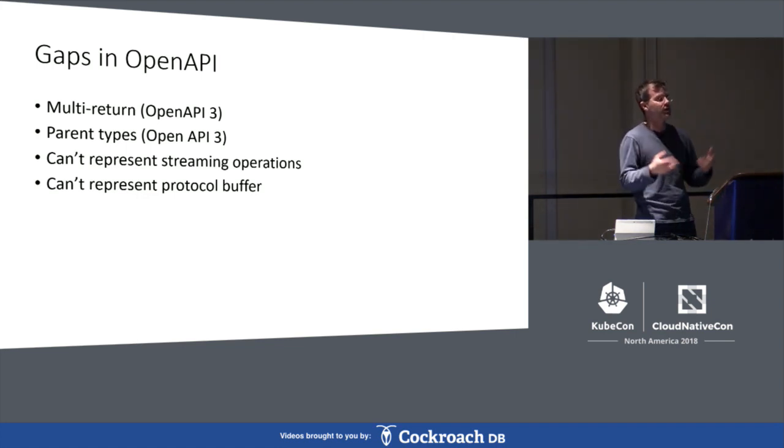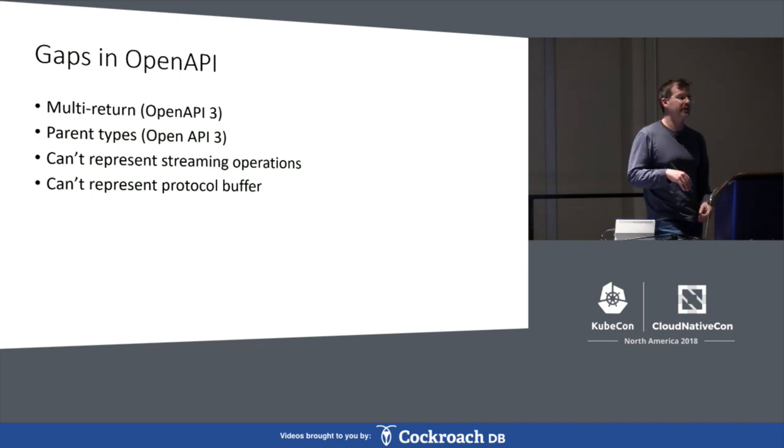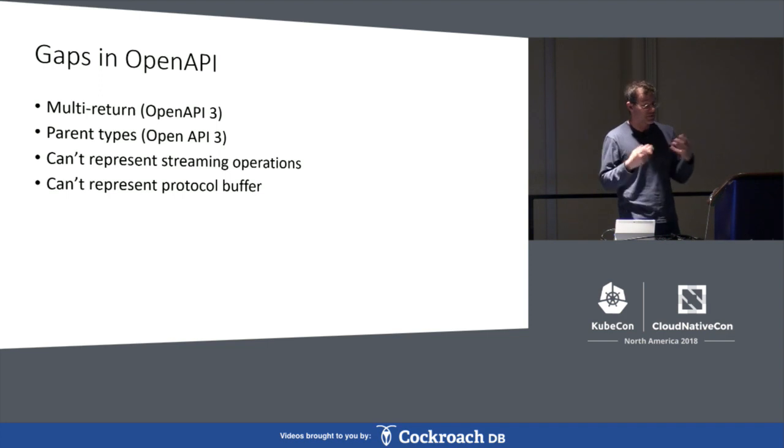Same thing with parent types, right? So lots of these object-oriented programming languages would really love this. In the Go client, because it's all handwritten, people have done things like said, hey, there's a runtime object, and runtime object is a base object for every other object that exists. Metadata fields, things like that, are defined on that interface. Makes it very easy to write generic code around these objects.